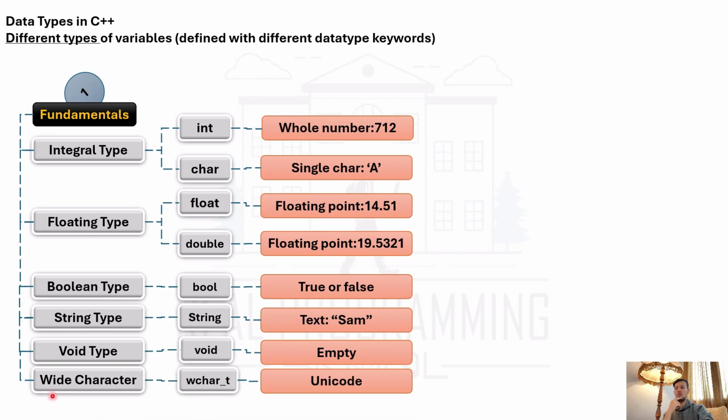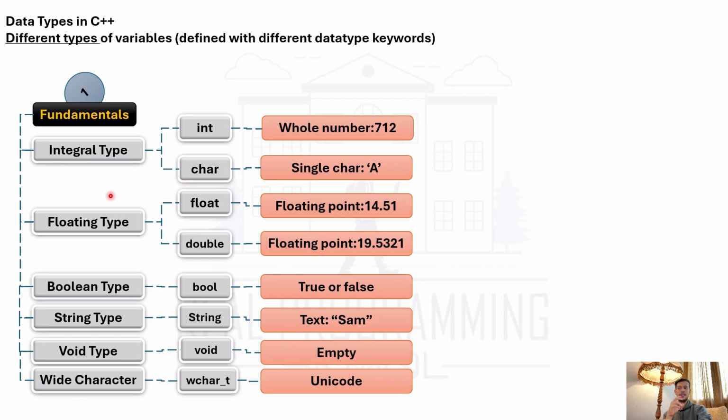We have also the wide character, wchar_t. You should ask me, what is the difference between wchar_t and the normal char up there? The difference between them, as we said, is that char just handles or prints on the screen the English language alphabet with its special characters, because char belongs to the ASCII table. The ASCII table just handles the English language with its special characters.